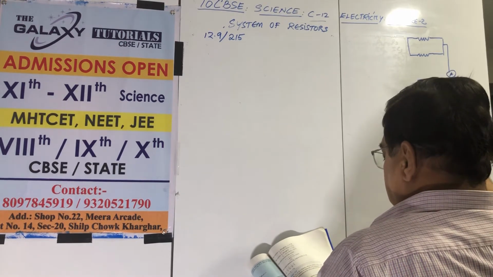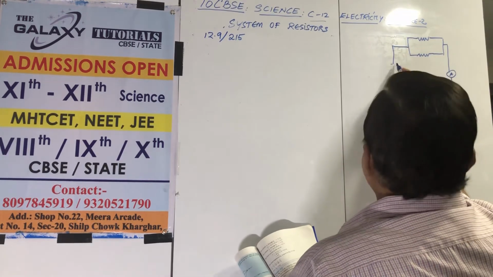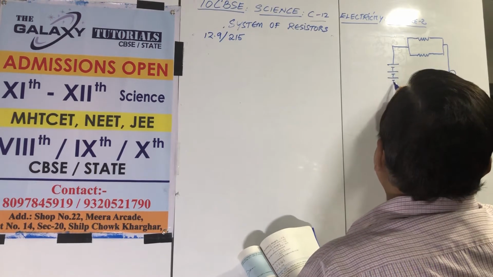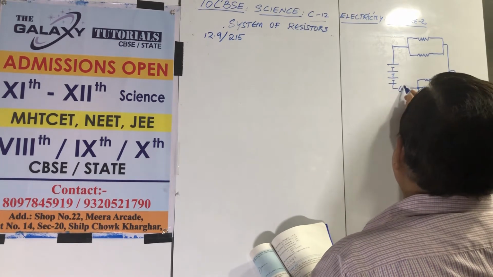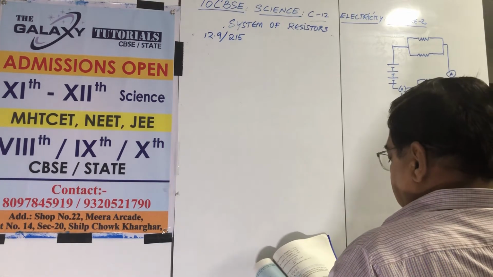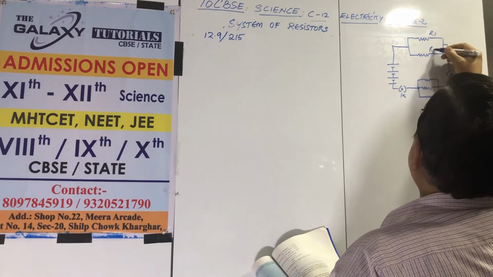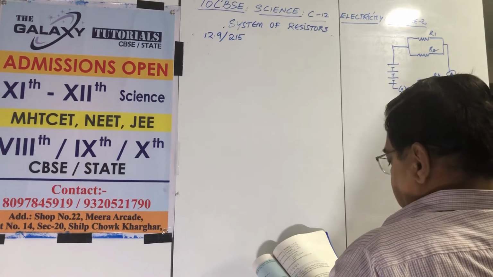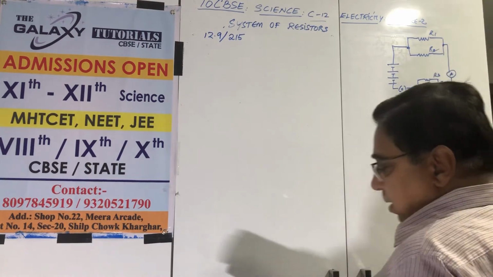There is a key, ammeter A, and resistances R1, R2, R3, R4 and R5, and they're connected between two common points in parallel.